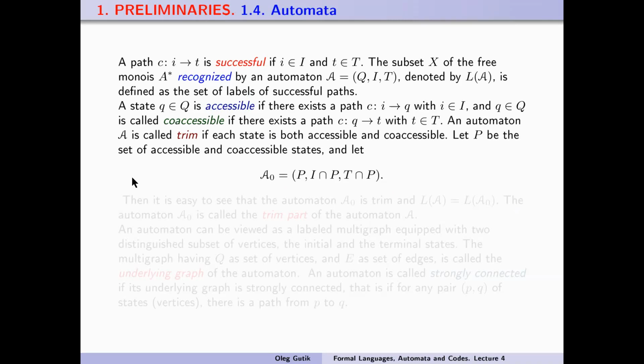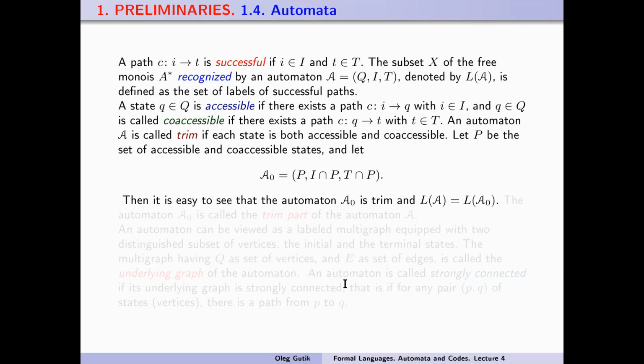Let P be the set of accessible and co-accessible states, and let A0 consist of all states in P, where the initial states are I intersected with P, and the final states are T intersected with P.